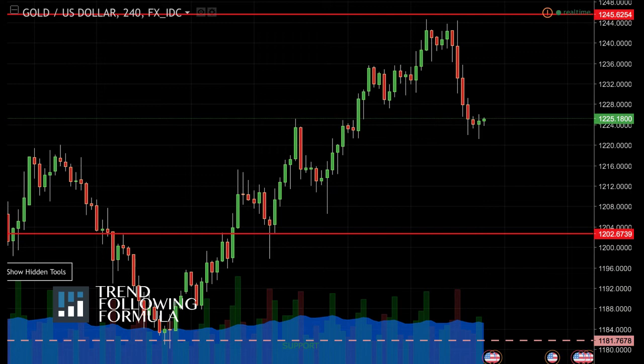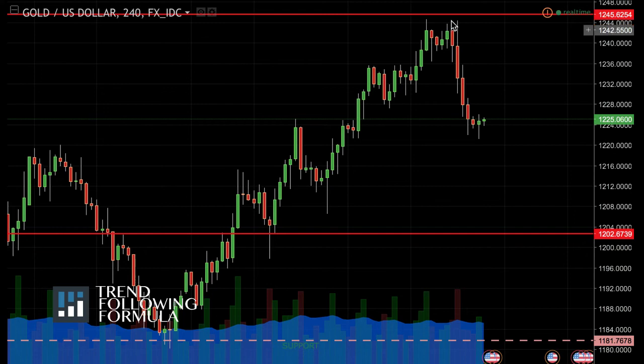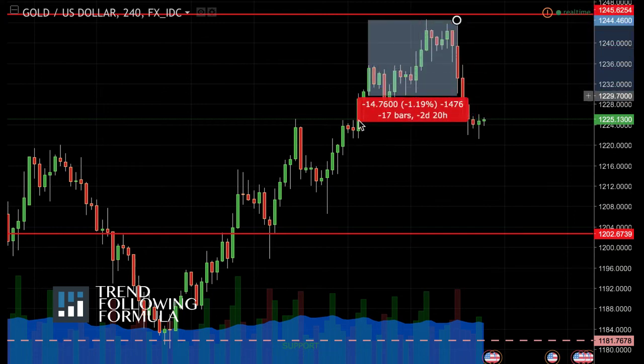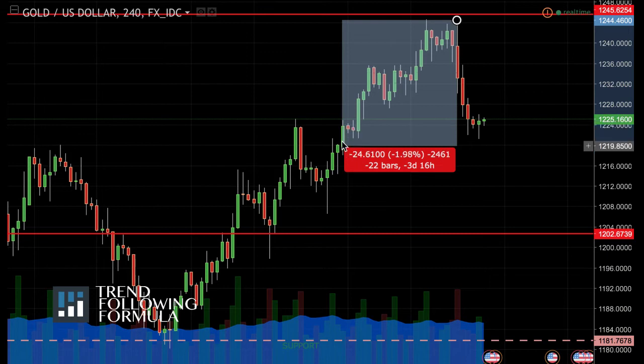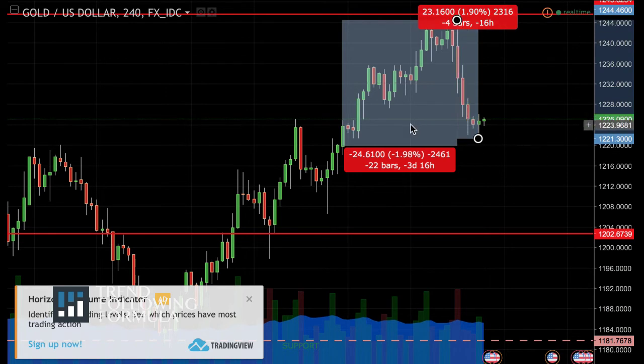If we use that trusty tool here, taking the same level, we needed 3 days to climb up 2%, and we needed 16 hours, which is like half a day, to decline the same amount.